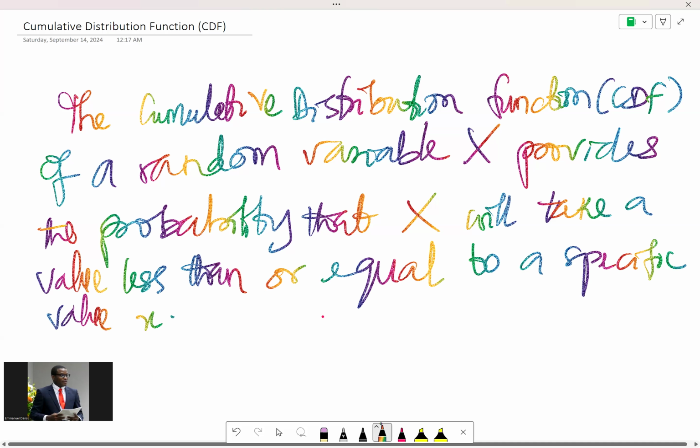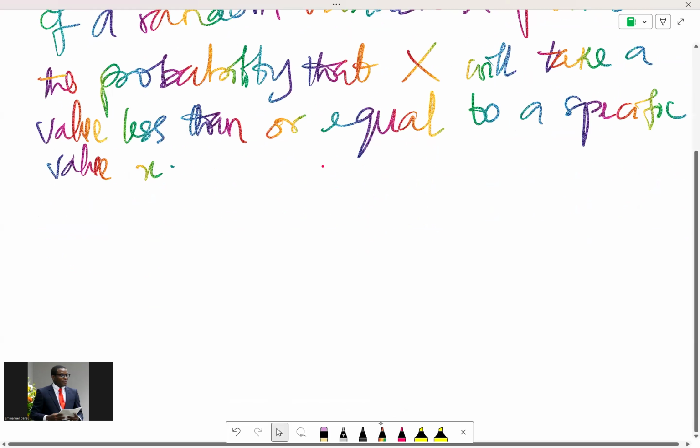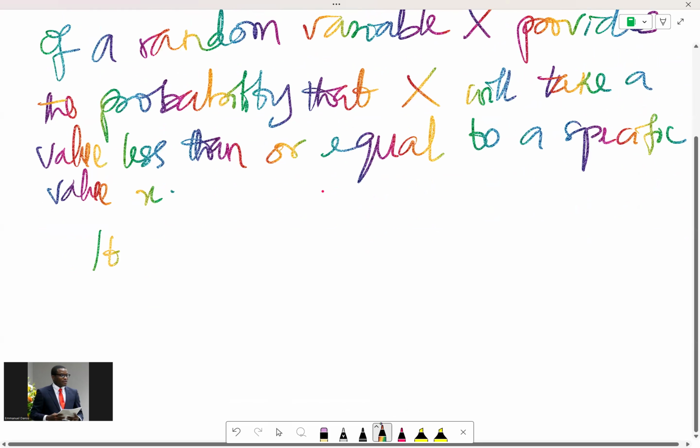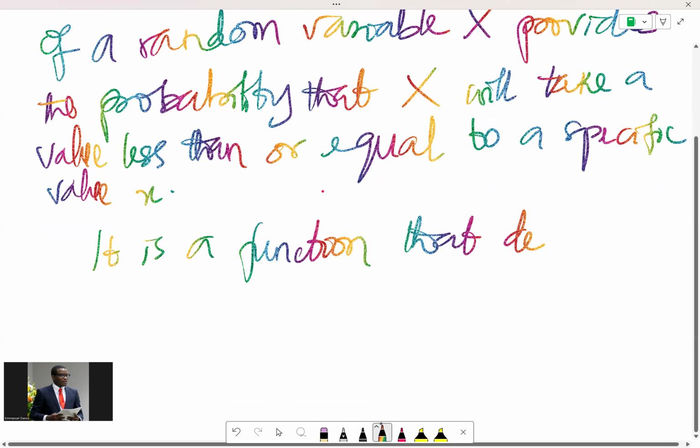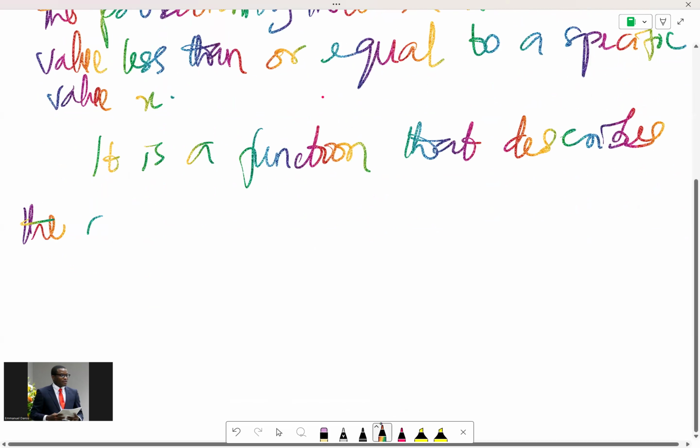So that talks about the idea of cumulative. If x is 5, we're looking at the probability that the random variable can take a value up to that point. So the cumulative distribution function is actually a function that describes the cumulative probability.